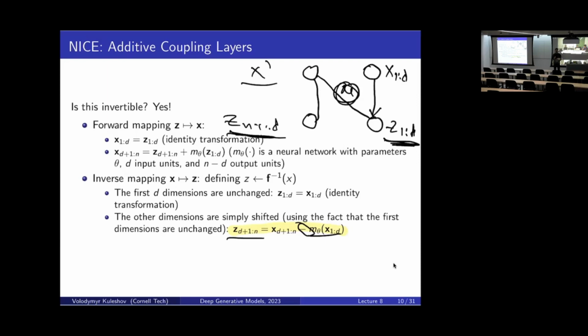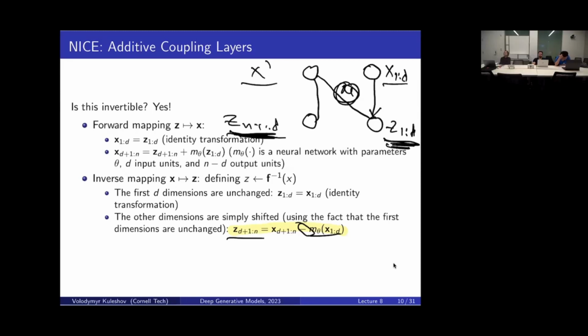This little trick wouldn't work if we needed to have the second subset in order to compute M. But because we have this part in the inverse mapping, which is exactly this part, this whole thing becomes invertible.